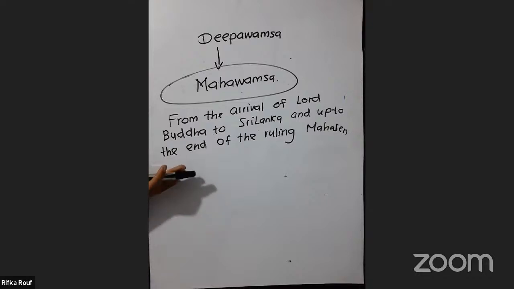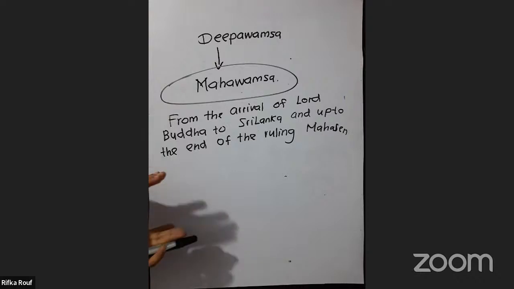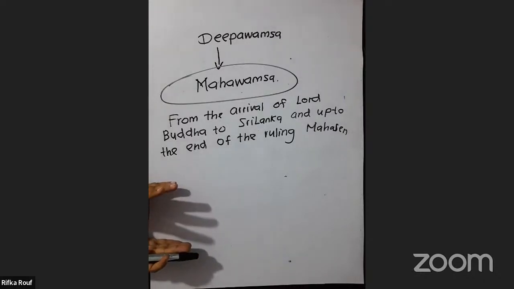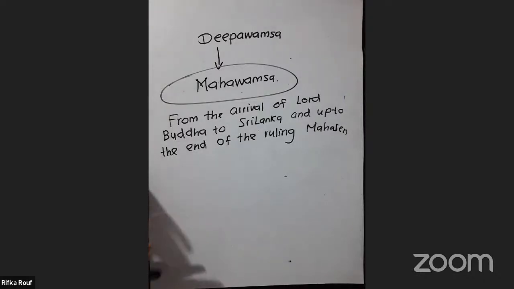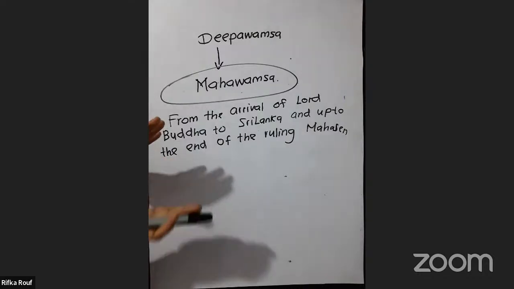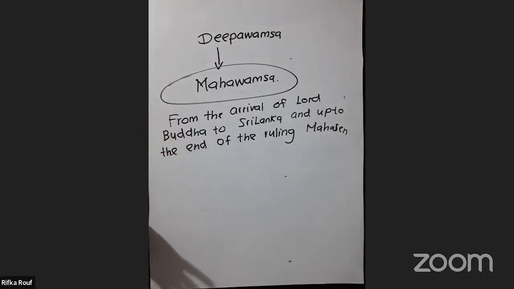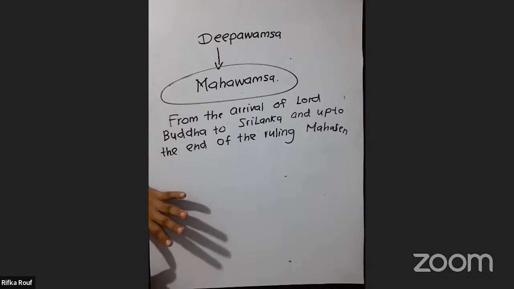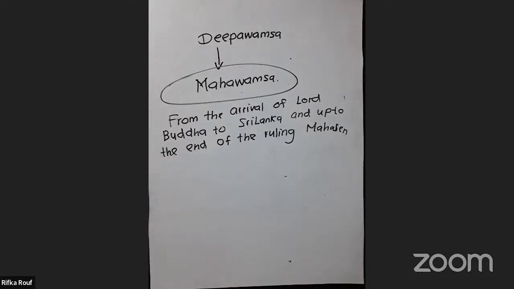But after that, there were many parts in which the history of Lanka has been recorded as a continuous text. So remember, children, why is Mahavamsa considered a specific one?